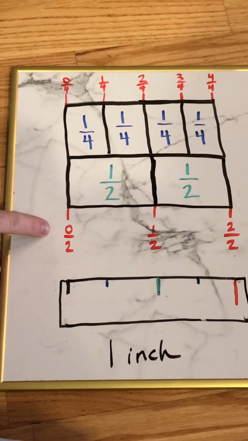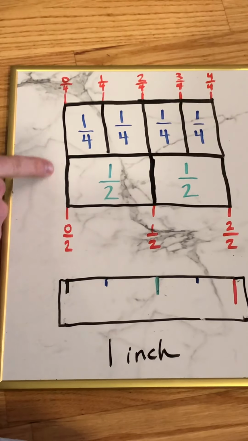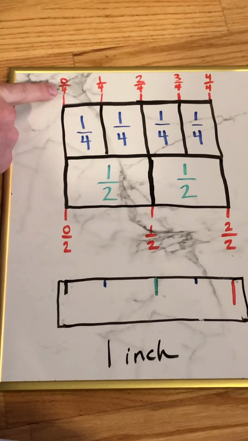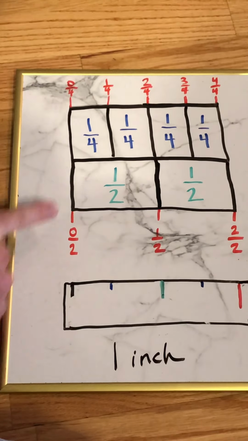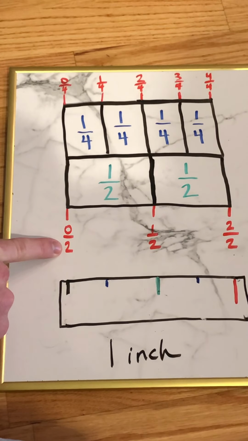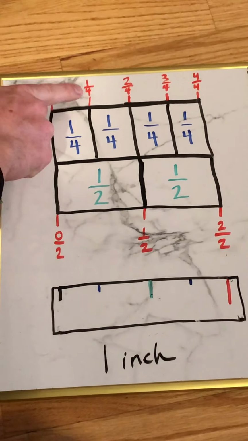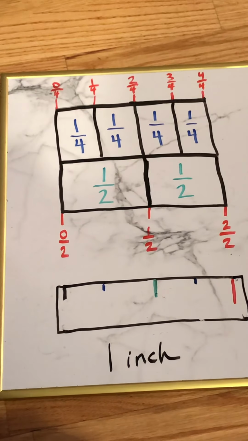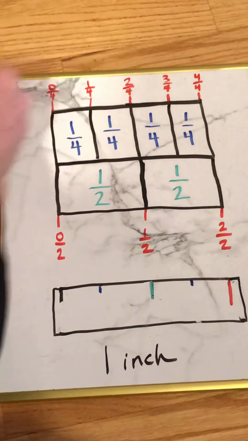I labeled the beginning with a 0 in the numerator and a 4 in the denominator on the top, and down here where I broke it into half, it's a 2 in the denominator spot. As you jump each one, you go from 0 to 1/4, from 1/4 to 2/4, from 2/4 to 3/4, and from 3/4 to 4/4.